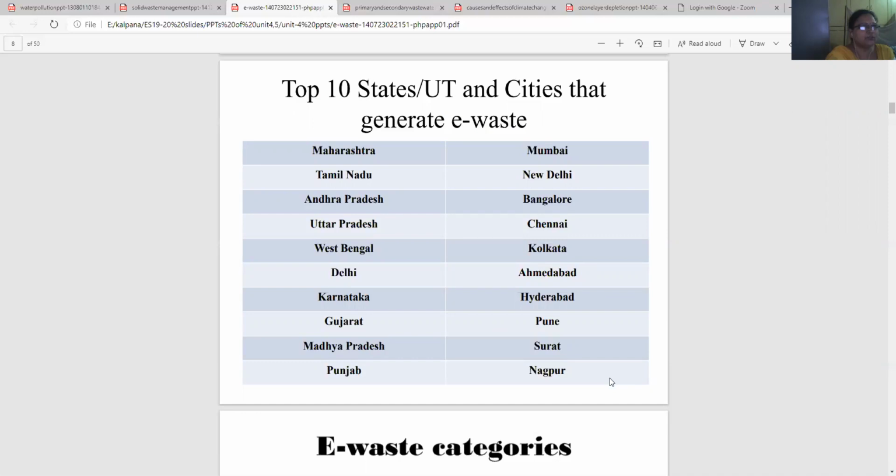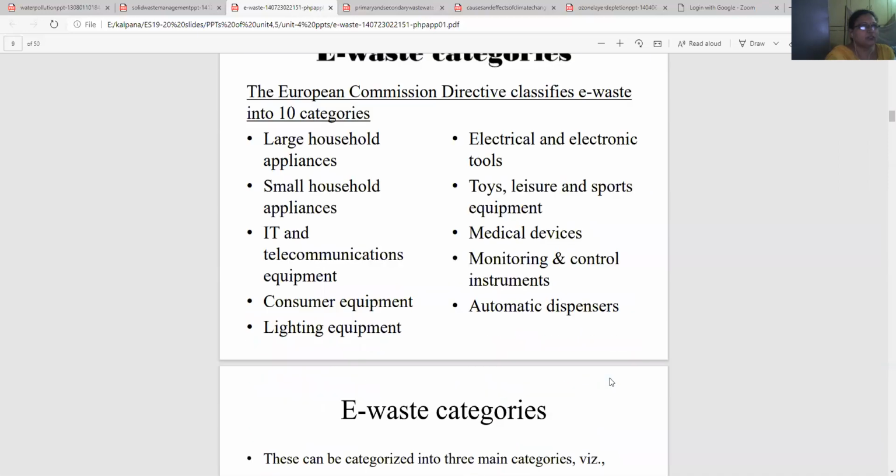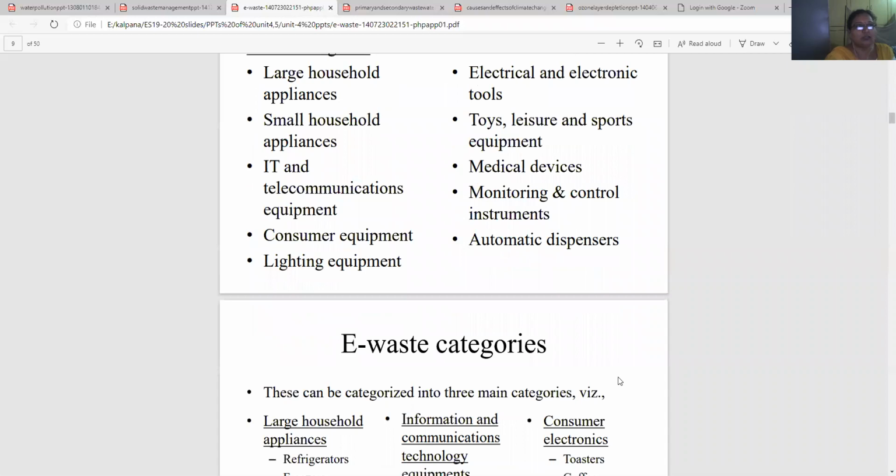E-waste comes generally from large household appliances, small household appliances, IT and telecommunications equipment, consumer equipment, lighting equipment, electrical and electronic tools, and toys, such as battery-operated toys. Also medical devices, monitoring and control instruments, automatic dispensers. All these come under e-waste.